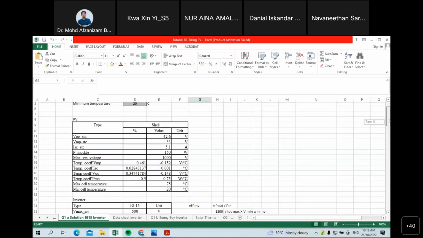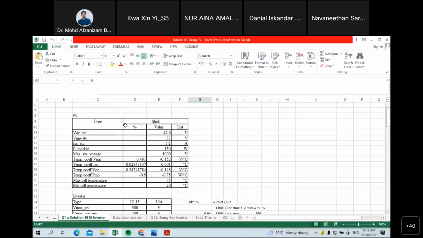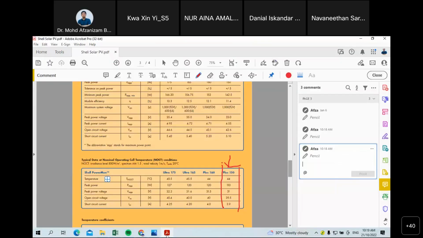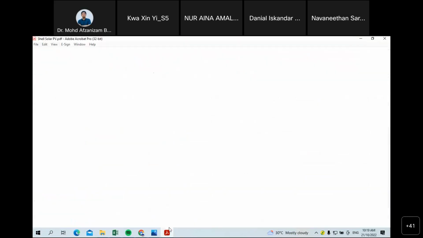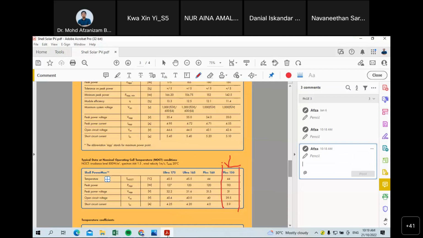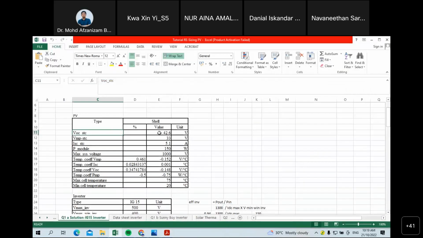To make our life easier, I already put all the data in this kind of form, because it's easy for sir to determine or check. So just rewrite all the data from here. In this case, 42 means, let's say this one, this is the value VOC.